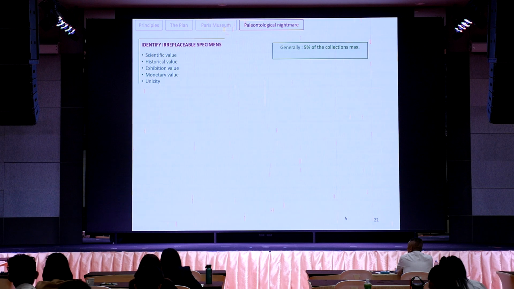If you remember what I told you yesterday, we have between 6 and 7 million specimens. So it would mean that our plan would be to save, not us, the firefighters, 300,000 specimens. It's not possible. In case of fire or whatever, they are firefighters, not movers. So we have to go beyond this idea.